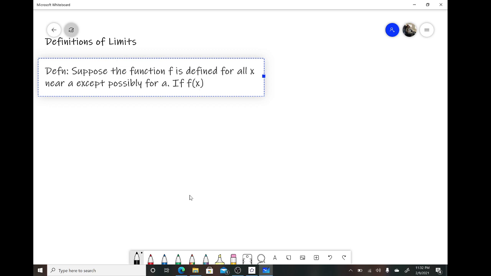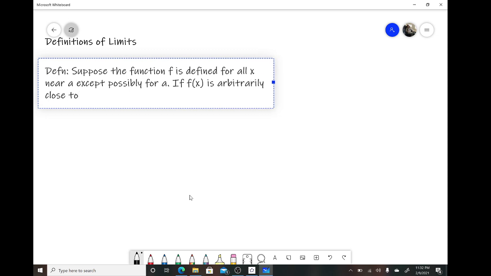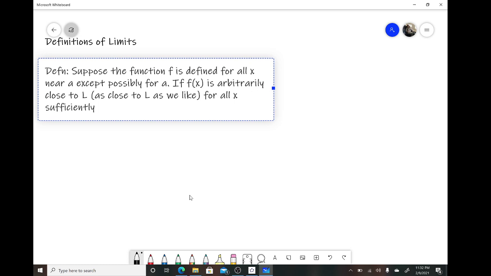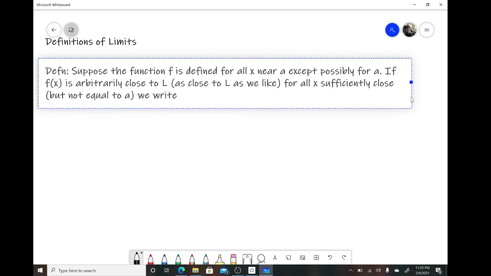If f of x is arbitrarily close to L, and we could actually make this as close to L as we like, for all x sufficiently close to a, then we write the following.